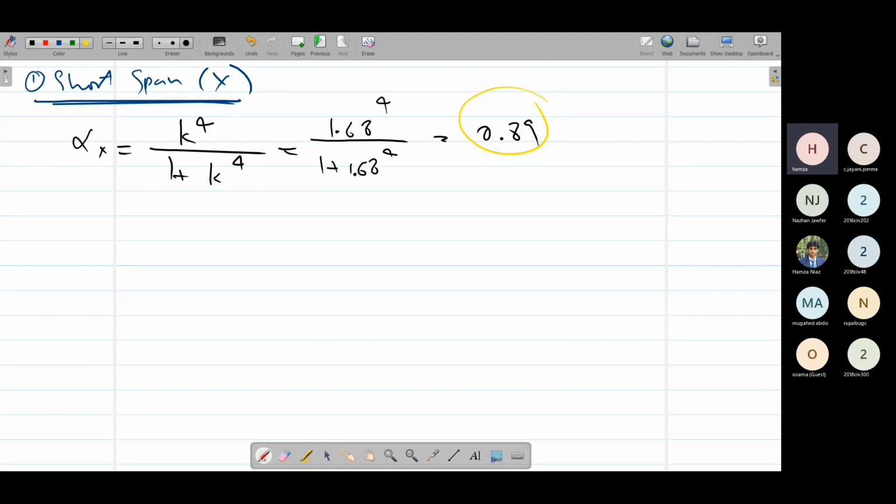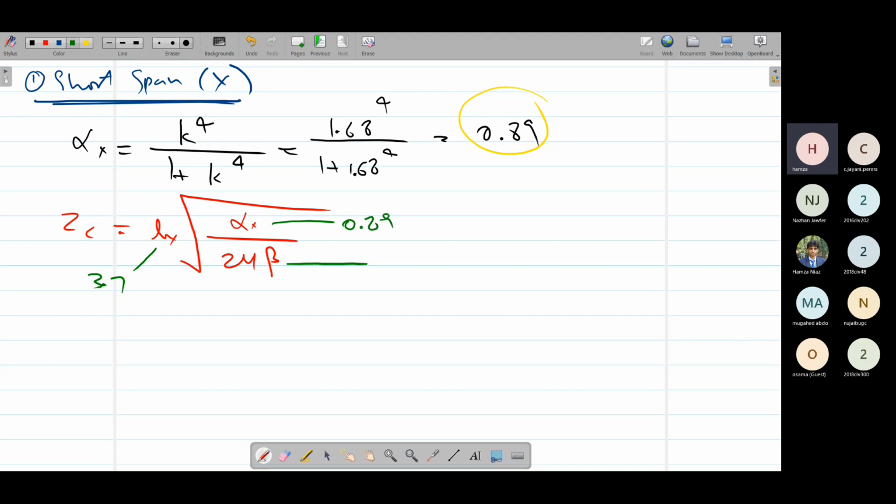Alpha is this. Now the second thing is ZC, the critical depth of water. So the formula is ZC equals Lx, or Ly, whatever the direction we are designing, times the square root of alpha x over 24 beta. So Lx we know as 3.7, alpha x we know as 0.89, beta we do not know.